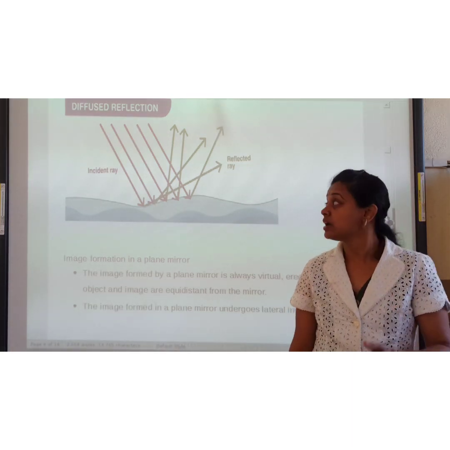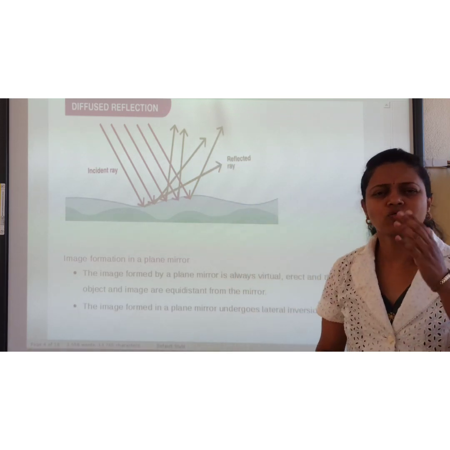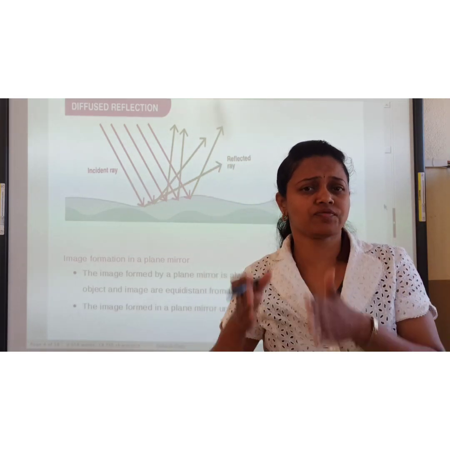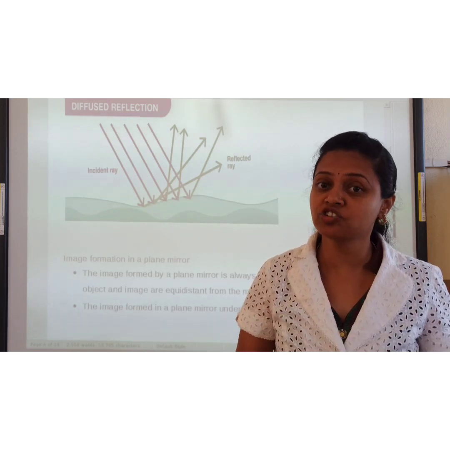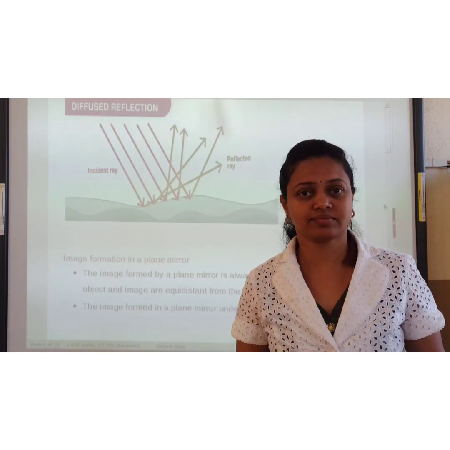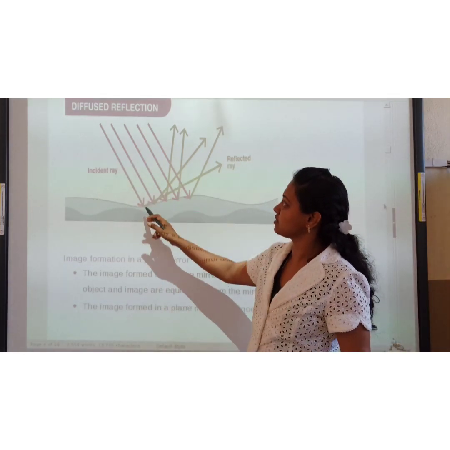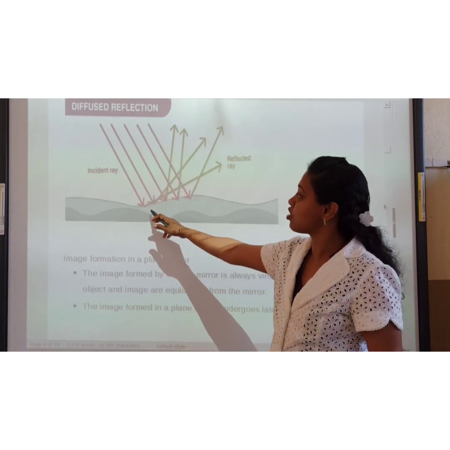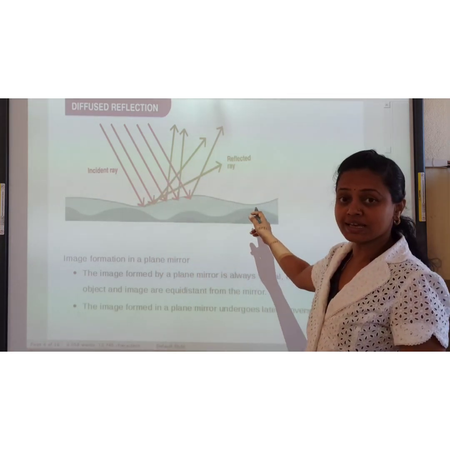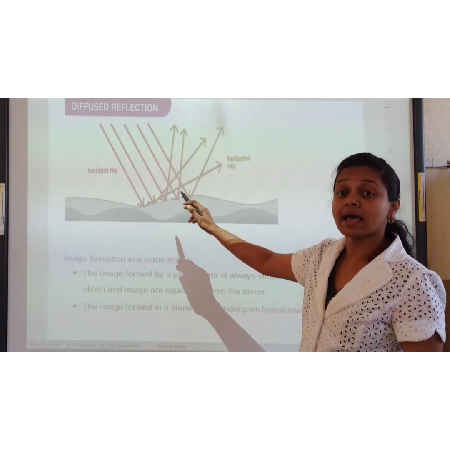So dear students, let's know about diffused reflection. Here what will happen? Diffused reflection means the object will be unpolished or irregular. Look at the incident ray. It is the ray of light which falls on the irregular object, that is an unsmooth or uneven object.